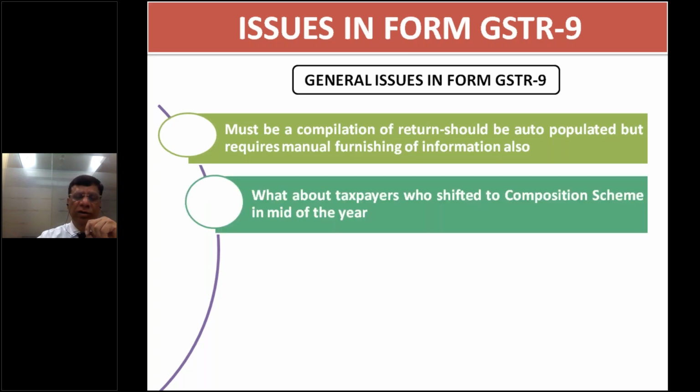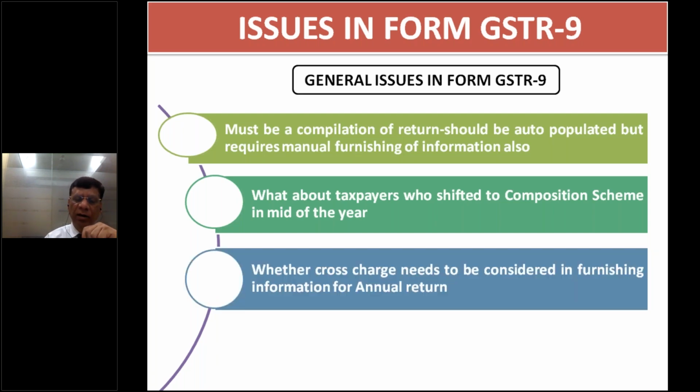What about taxpayers who shifted to the composition scheme in mid of the year? Now, if a taxpayer has shifted from composition to regular, then he has to fill two forms: one for the composition taxpayer in Form GSTR 9A and another in Form 9 for the respective periods. Whether cross charge needs to be considered in furnishing information for annual return.